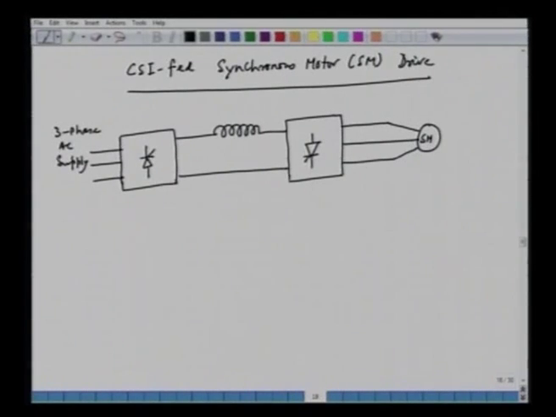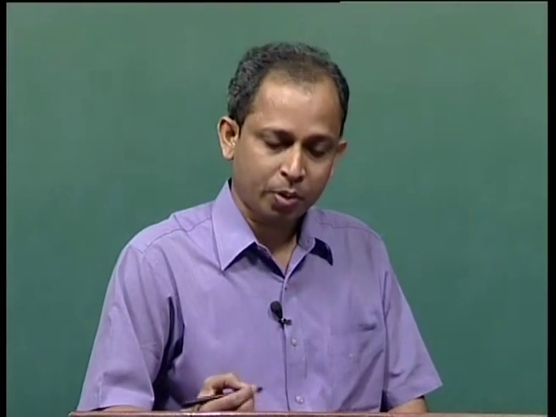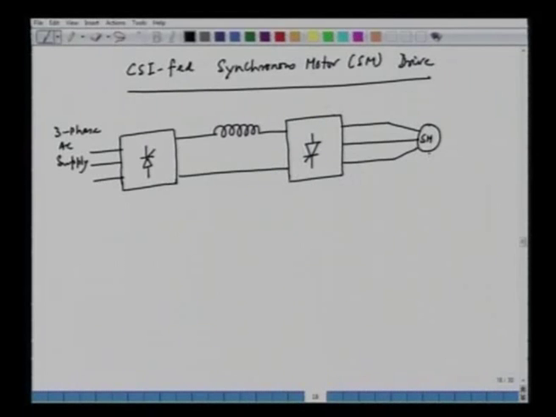A synchronous motor of course will be having a position sensor. So, we can use here an encoder or a resolver, which will be giving us the information about theta r.